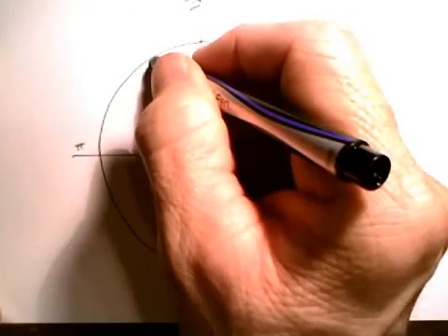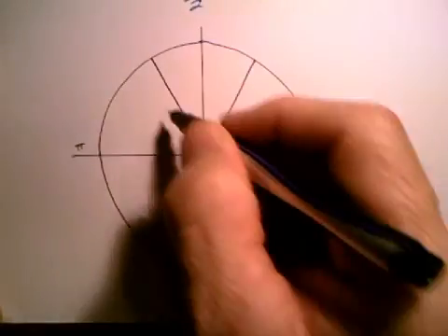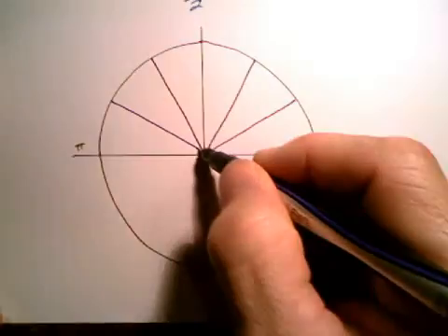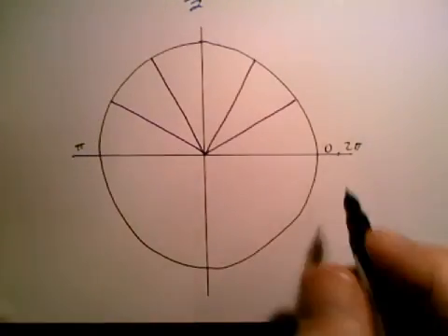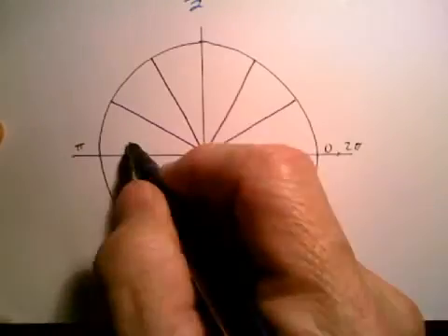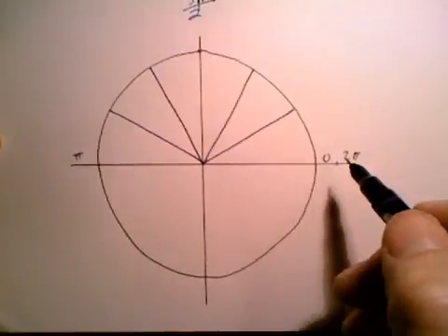Okay, and then the second quadrant, we divide that into thirds. So ultimately what we've done here is we've divided the top half of the circle into sixths.